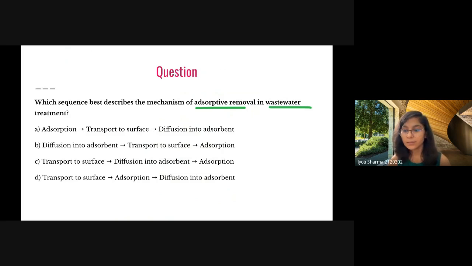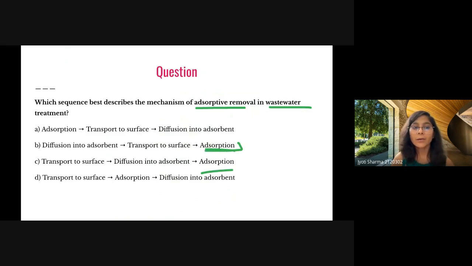So let me see. Dia gave me a C answer. Okay. So the thing is that something will be adsorbed. Adsorb means some molecule that we have would attach to some surface. So this will be the adsorption. This will be your last step, right? Adsorption will be your last step.